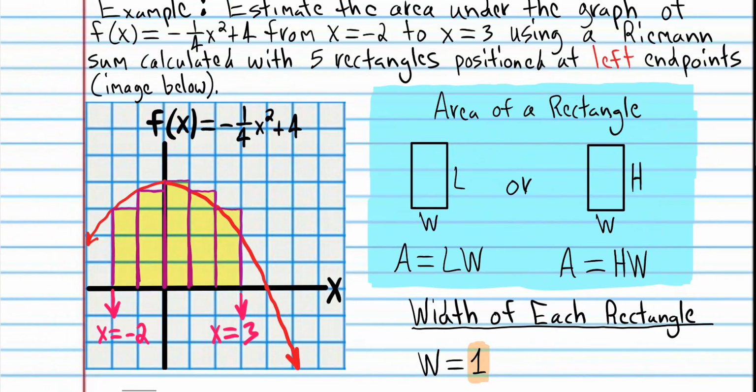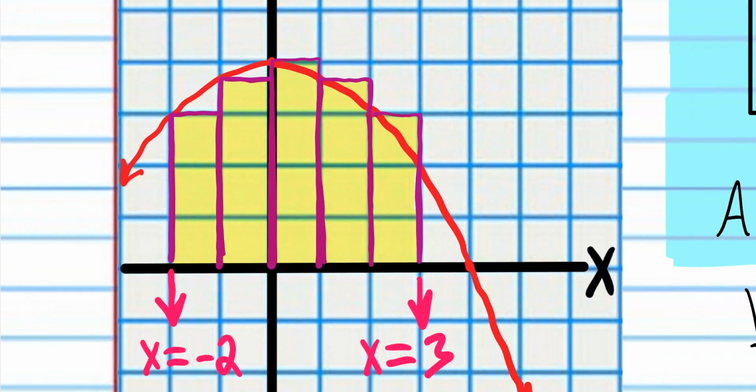Left endpoints. What does that mean? Well, it means that the left corner of each one of these rectangles, as we talked about before, is touching the red graph. Do you see that? Each upper left corner of each rectangle is touching the red graph.